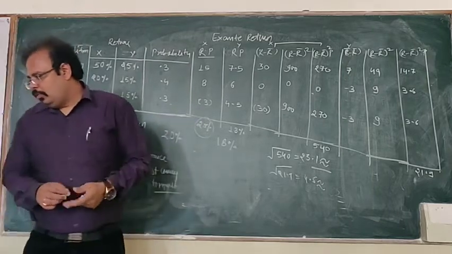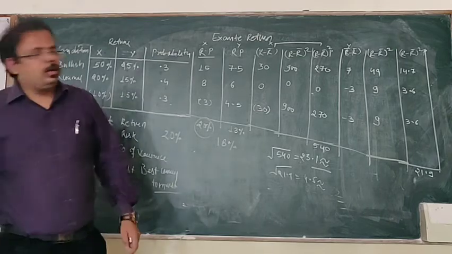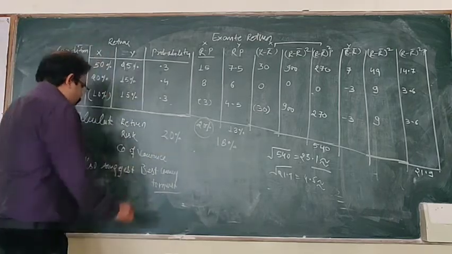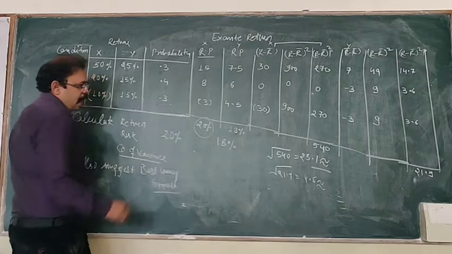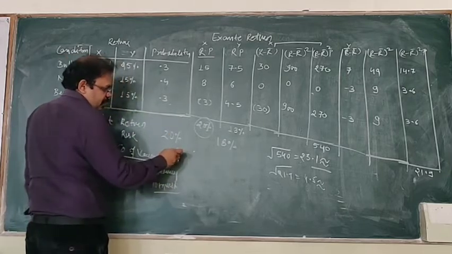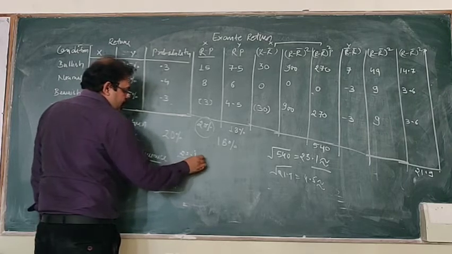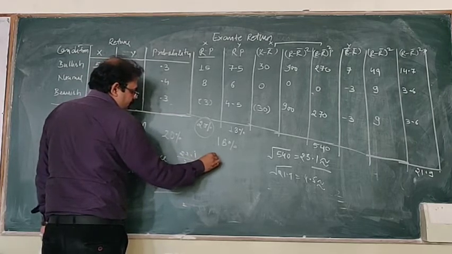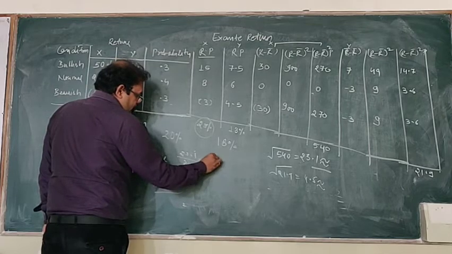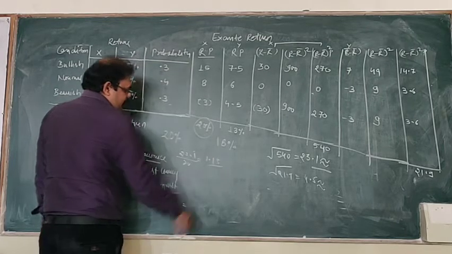Now what I have to do? Let's calculate the coefficient of variation, that is standard deviation upon mean. For X, 23.1 upon 20, the value is about 1.15 approx.